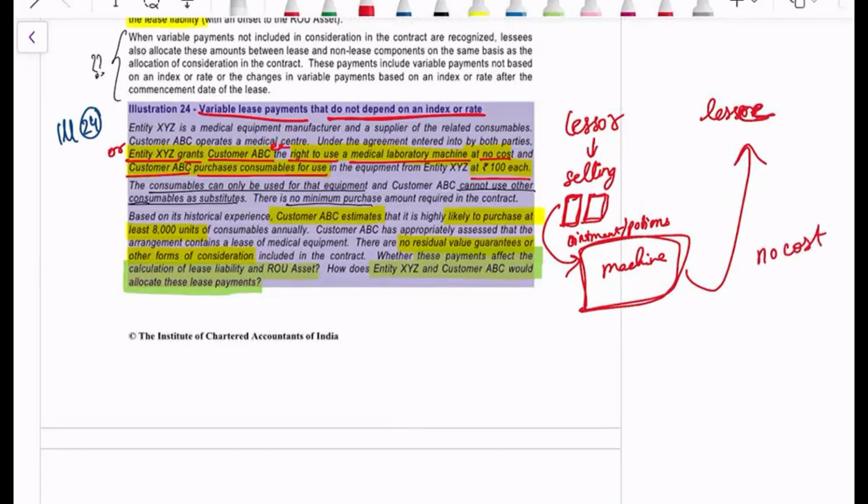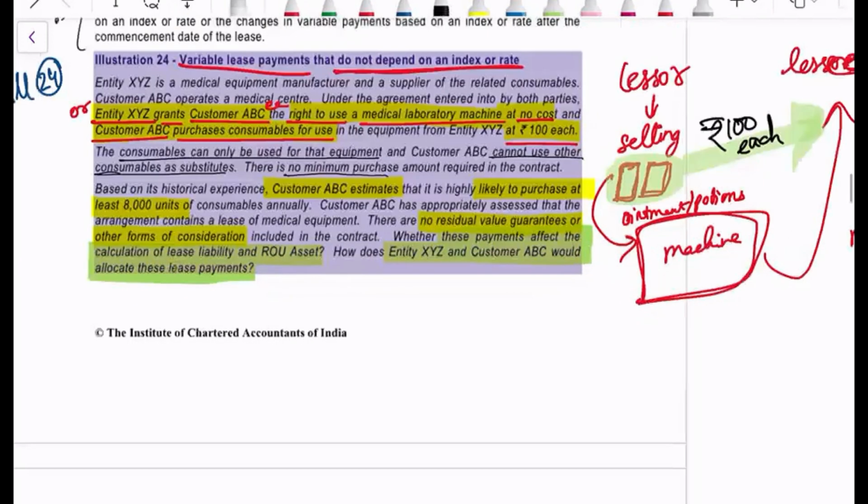But instead, they will give these consumables also to the lessee, and for these consumables they are going to charge rupees 100 each. These consumables can only be used for this machine, and the lessee cannot use other consumables as a substitute.